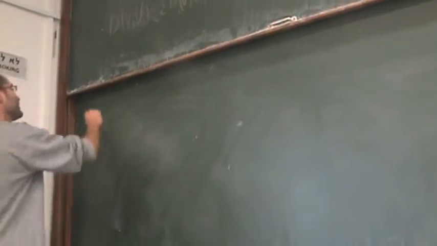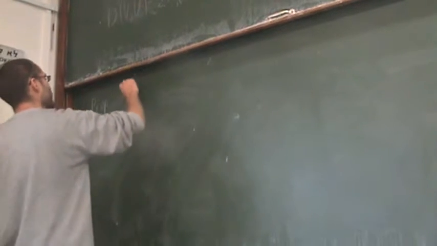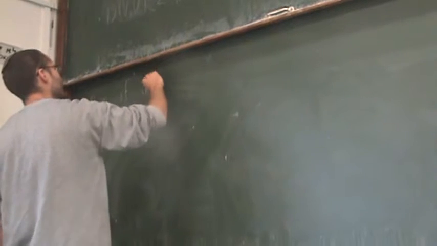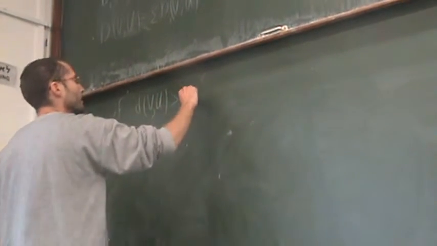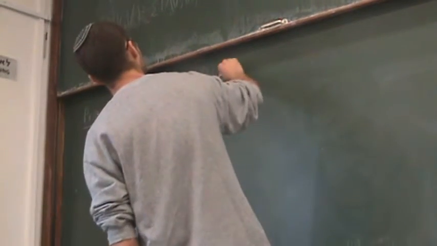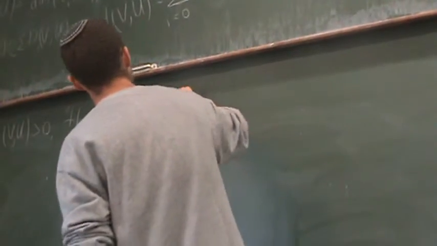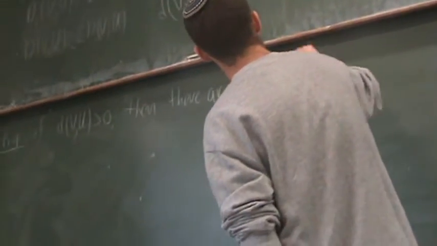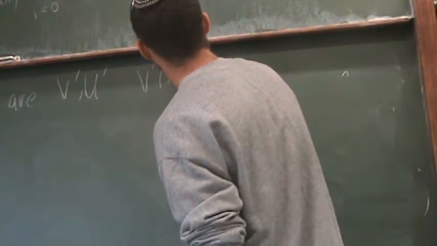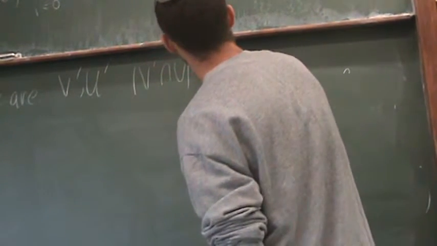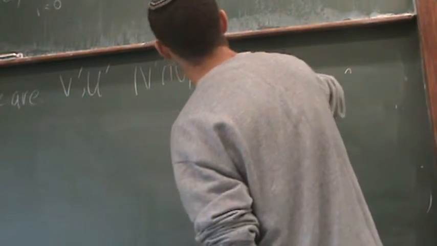So what we want to prove is that if the distance between V and U is non-zero, then there are two chambers which are sort of neighbors of the original ones, i.e. their intersection is larger than or equal to n.